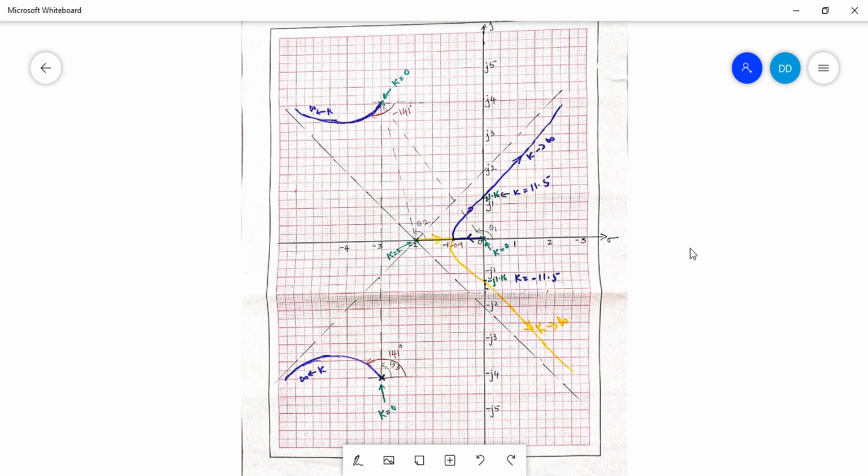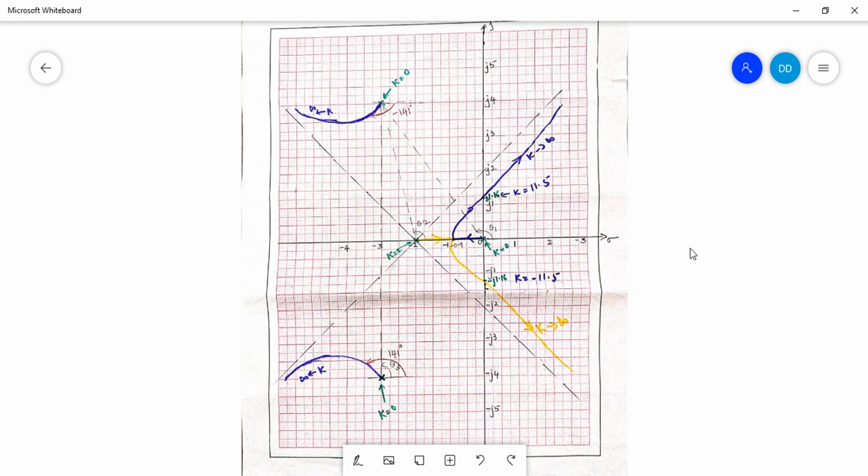Our next branches start at minus 3 plus j4 and minus 3 minus j4. Keep in mind that we calculated the angle of departure as minus 141 degrees and plus 141 degrees. So at an angle of minus 141 degrees, start the branch at minus 3 plus j4, traveling along 135 degrees as k approaches infinity.